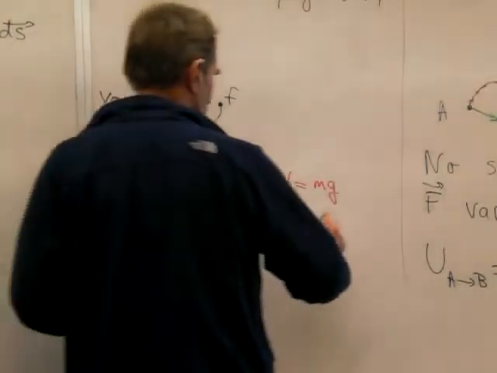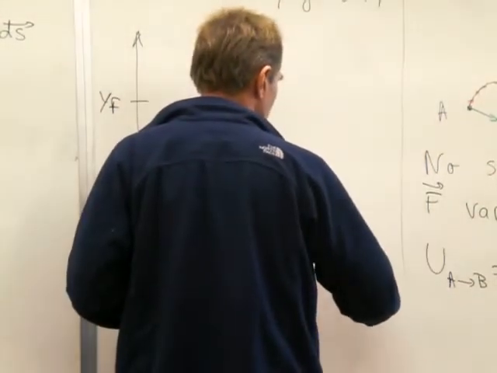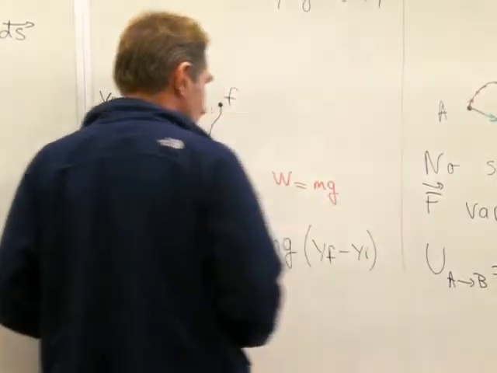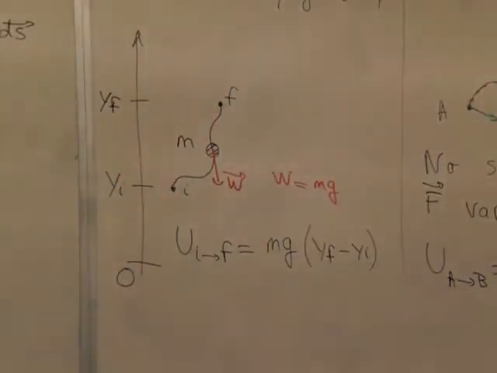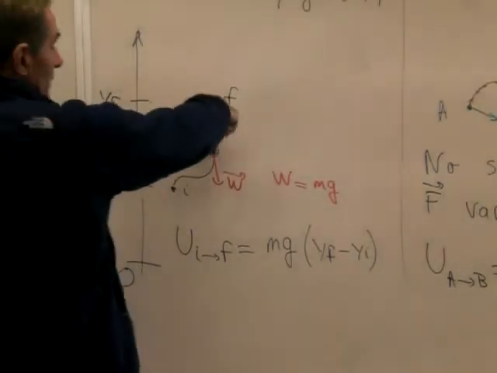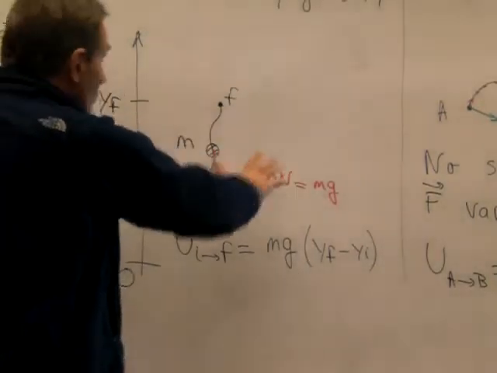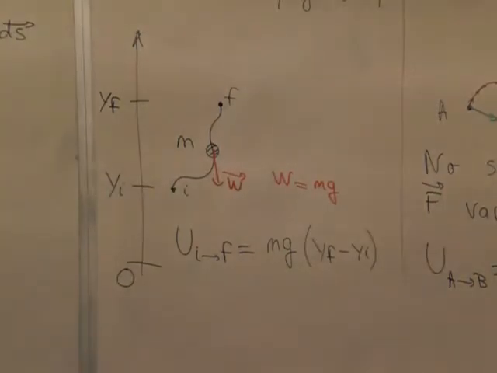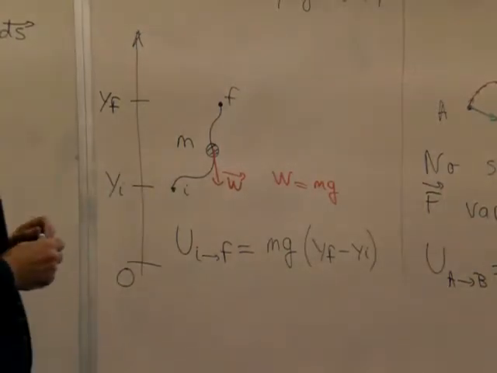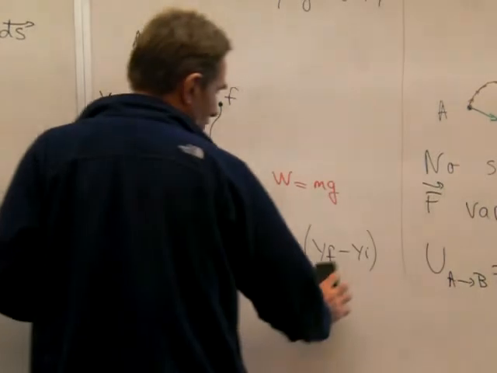If I do yf minus yi, what is the sign of the work in that case? Positive. Does W do positive work or negative work here? Here, W is basically opposite to the displacement. Oh yeah, sorry, so it's going to be negative, right? So it's not what you have here.